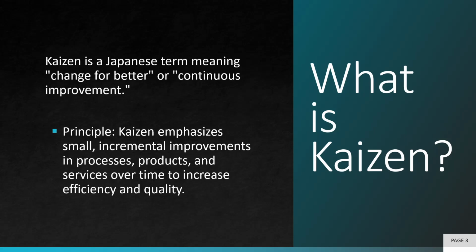Now let us understand what is Kaizen. Kaizen is a Japanese term meaning change for better or continuous improvement. The principle of Kaizen emphasizes small incremental improvements in processes, products and services over time to increase efficiency and quality.